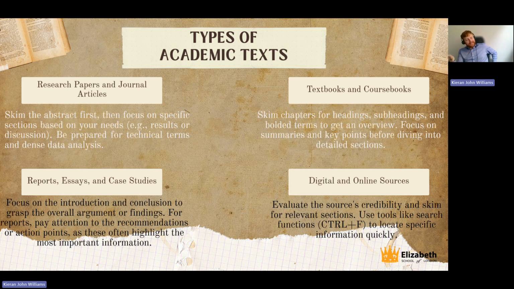Specifically for reports, reports usually have a recommendation section. So if you are looking for information about future plans or things like that, have a look at the recommendation section, where it will highlight the most important information from the report.